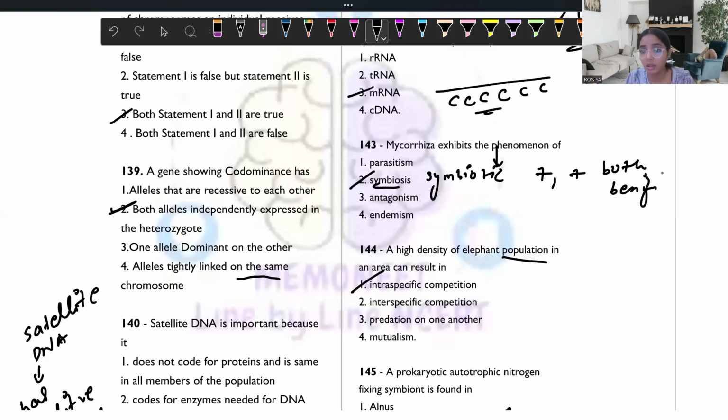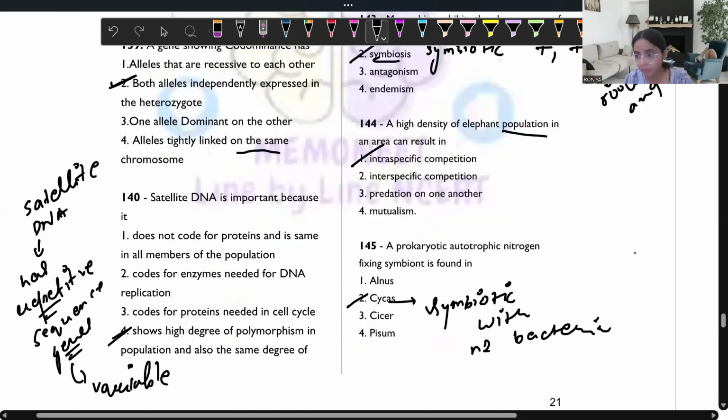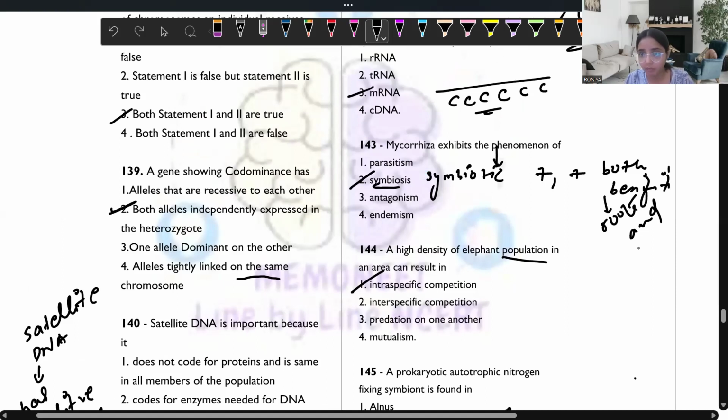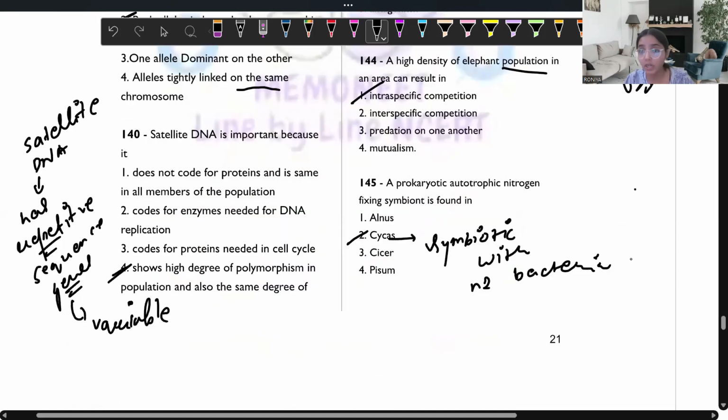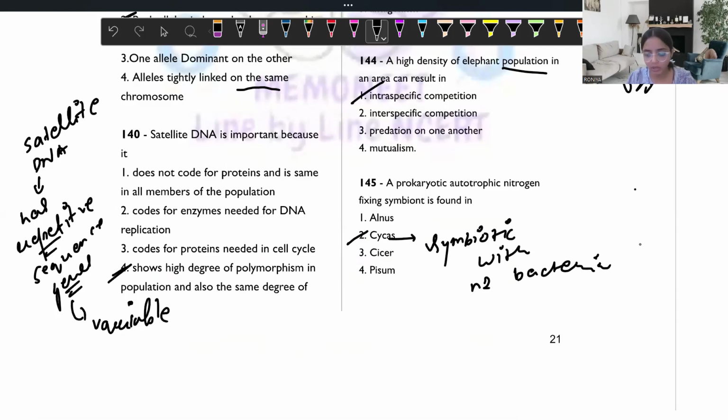It is a relationship present between roots of higher plants and fungi. Not algae and fungi. The relationship between algae and fungi is also symbiosis, which is known as lichen, not mycorrhiza.